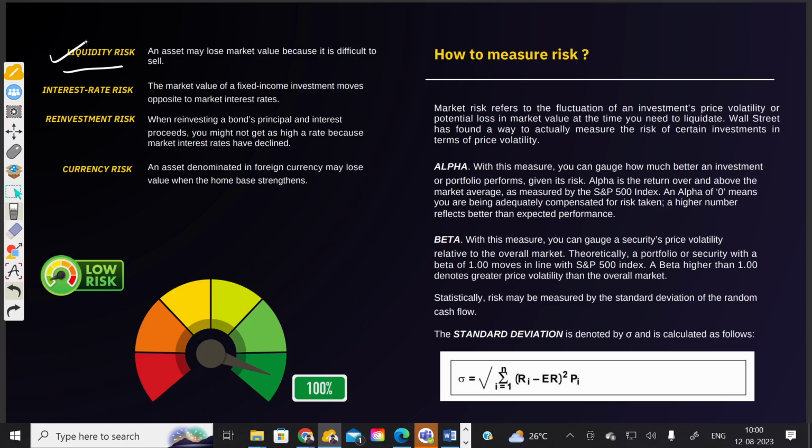If I take the example of money market instruments, let's say call loans or repos, you can see overnight repos as well. Or if I take the example of different government financial instruments, you don't need to worry about liquidity. You can sell that in the money market as well, to anyone, right? So look for a highly liquid investment.